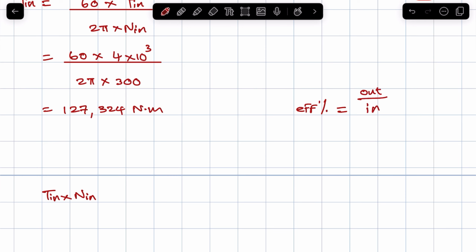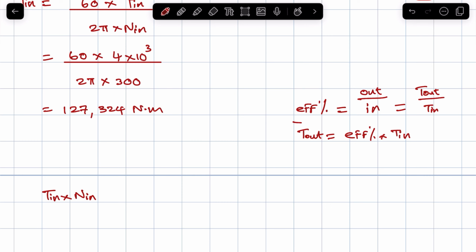So when looking at just torque, this will be equal to torque out over torque in, right? So if you were to cross multiply, the efficiency would multiply torque in, hence torque out would essentially be equal to the efficiency times torque in, right?